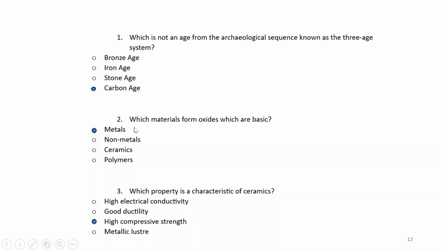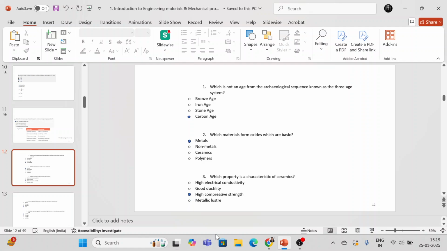So ferric oxide, whether it's acidic or basic. So depending on that, we can decide that metal oxides will be acting as basic, and your non-metal oxides such as phosphorus oxide or sulfur oxide, these act as acidic in nature. So with addition of H2O, they will form acids. So if you combine H2O and SO2, then it will be forming sulfuric acid.